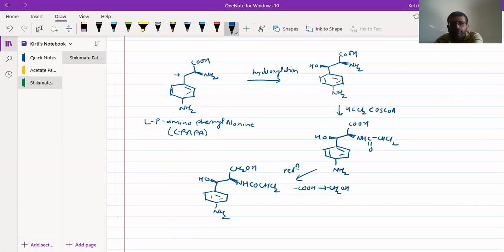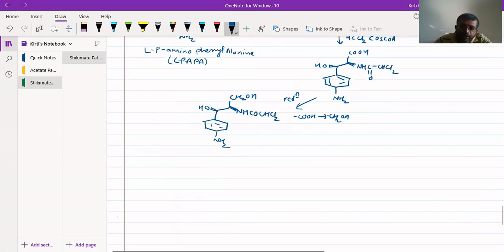And further, last step of this chloramphenicol biosynthesis में यहाँ पे oxidation of NH2 to NO2. ये very rare होता है. Generally NO2 groups are not present in body, either in plants or in animals. So oxidation यहाँ पर होता है.